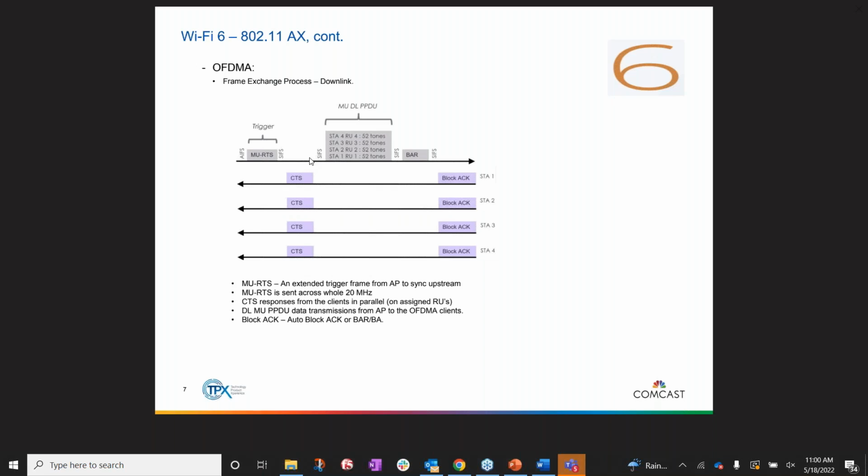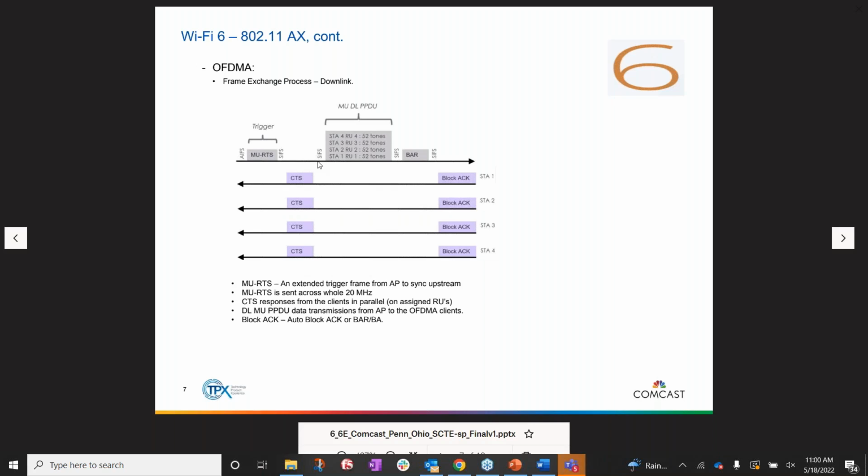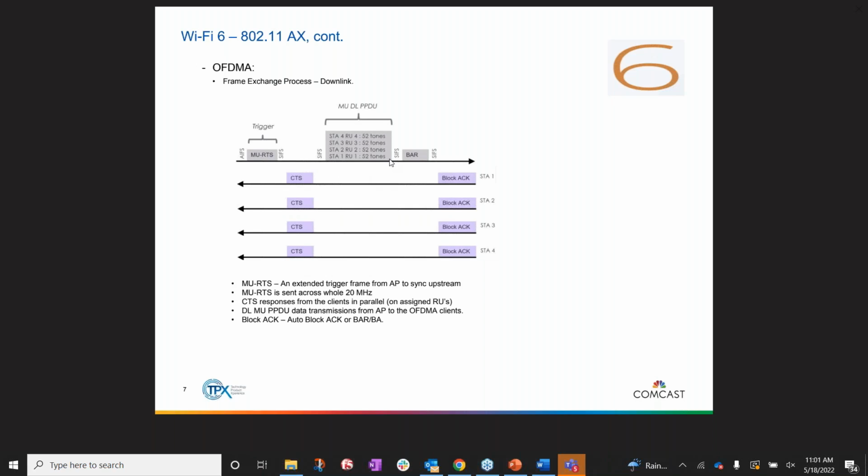The purpose of the RTS is to assign tones to the client for responding back with a CTS, because when the AP initiates the RTS, it acts as a CTS from the client. At the same time, the RTS also ensures that no legacy clients interfere with each other in this condition.